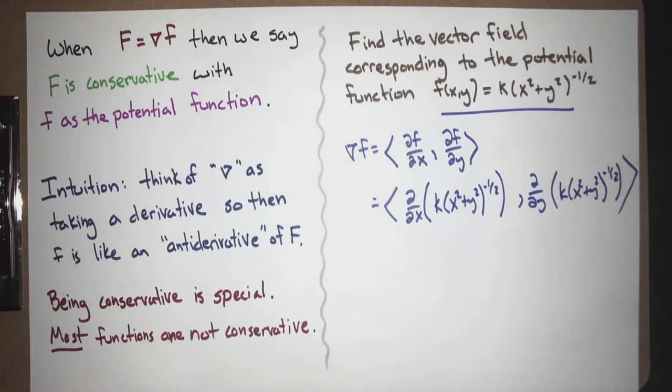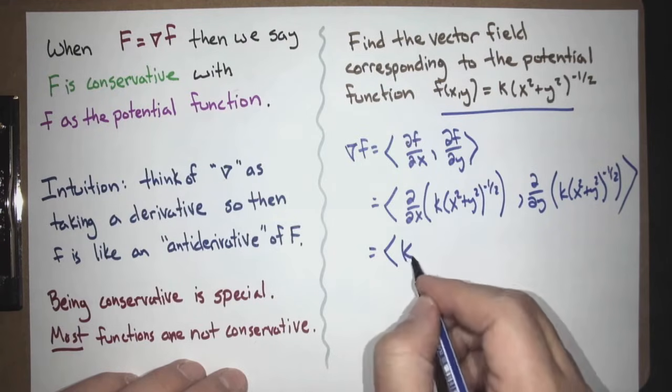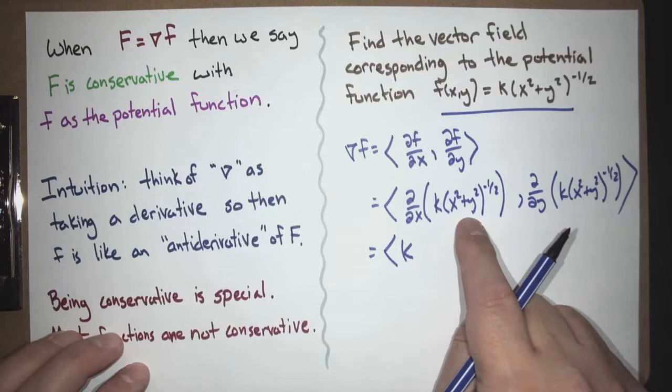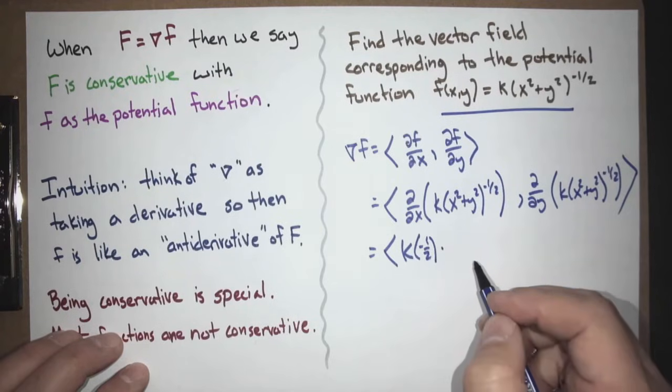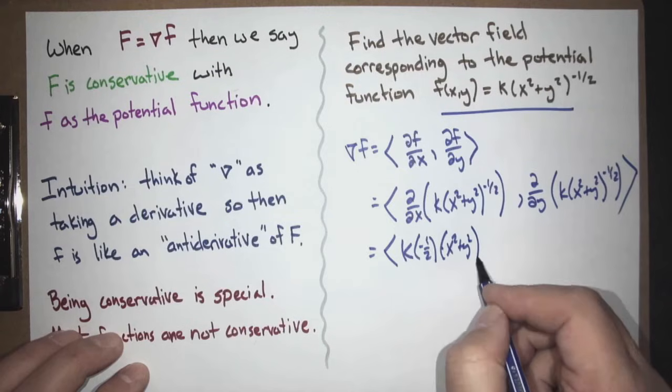All right, so now practice taking derivatives. The constant just comes along for the ride. What happens next? Chain rule. Okay, so what do we need to write down next? Negative 1/2. And then? Well, x squared plus y squared to what power?